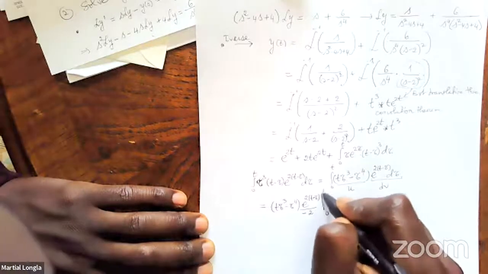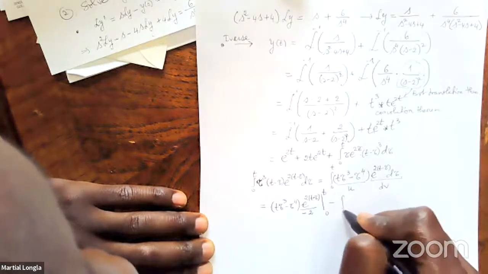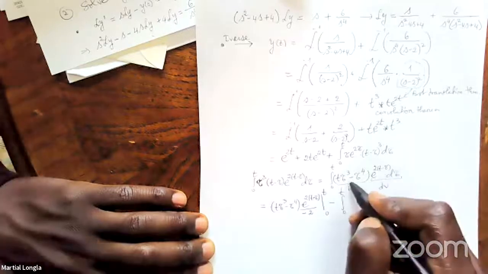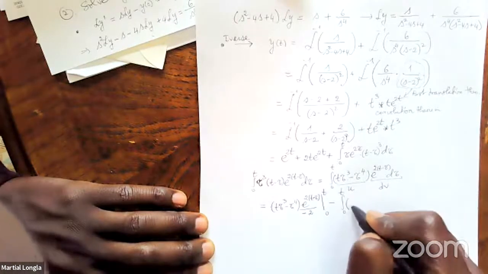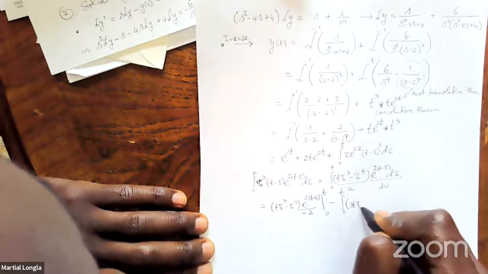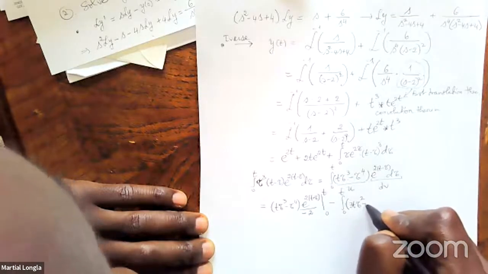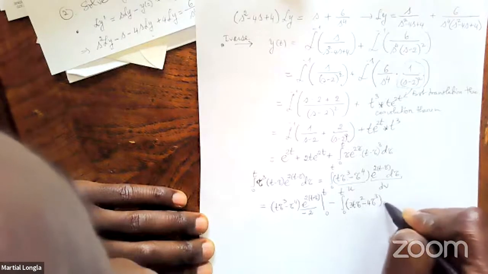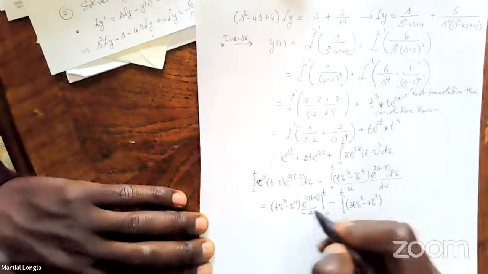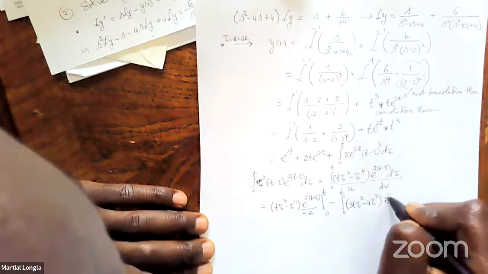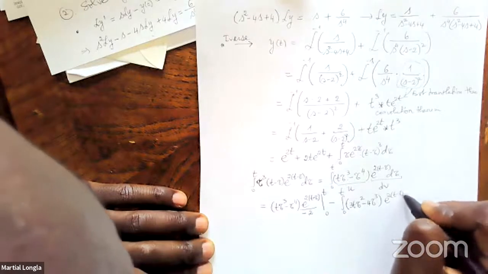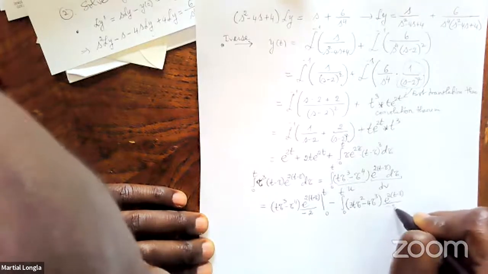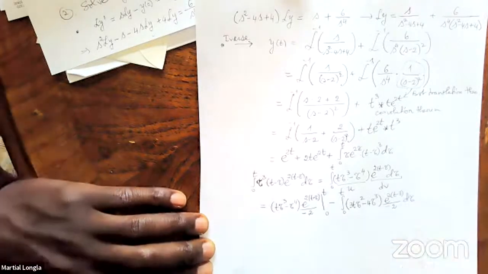from 0 to t, minus the integral 0 to t, and then the derivative of this is going to be 3t tau squared minus 4 tau cubed, and then times e to the 2 times (t minus tau) over negative 2 d tau.